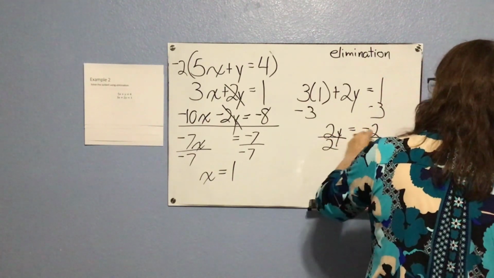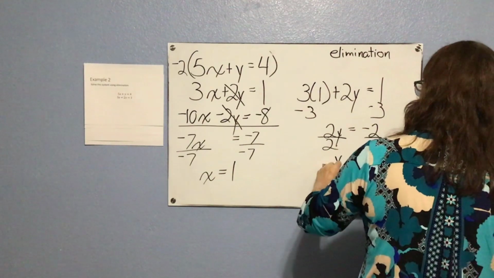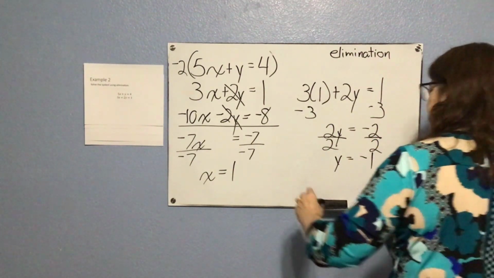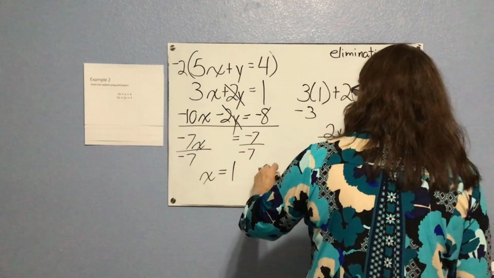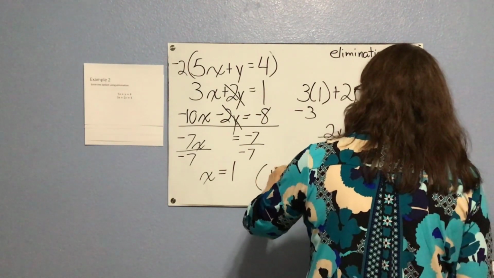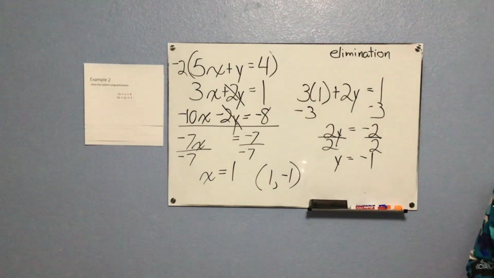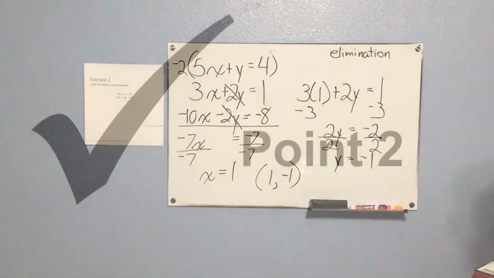So then when I divide by 2, I have y equals negative 1. So my solution set is the ordered pair 1, negative 1. Pause the video now and work on checkpoint 2.